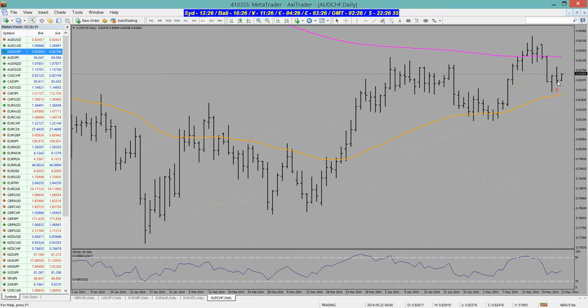The way I look at things is that if price is going to get all the way back up here and make a new high, then who's going to be dominating that today if that is the case?